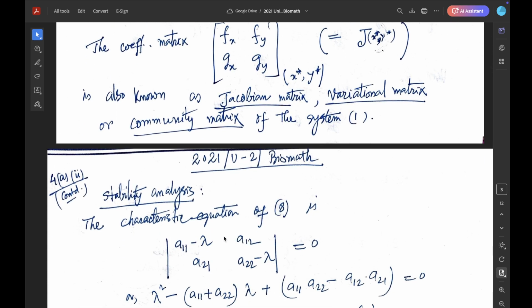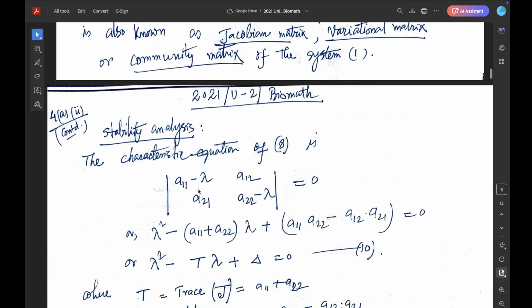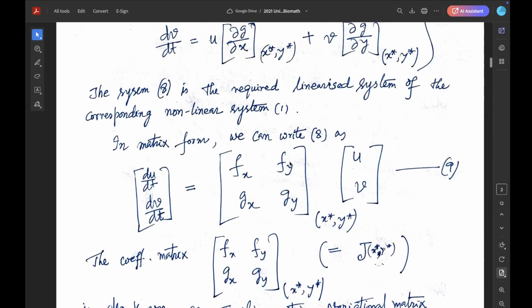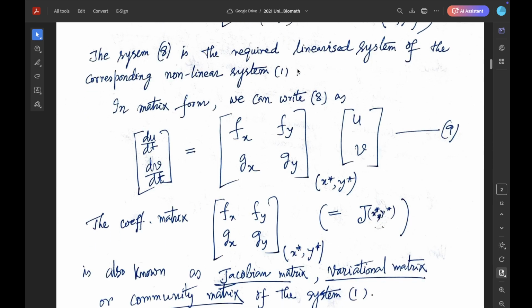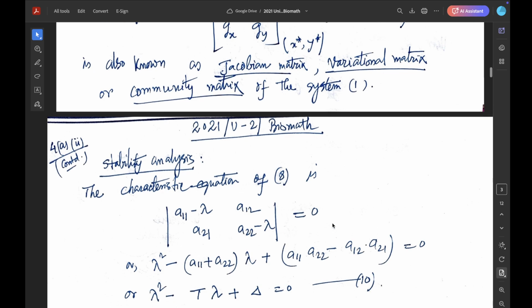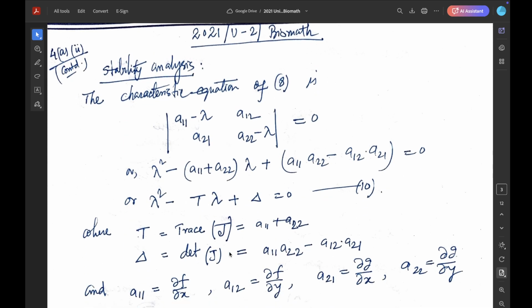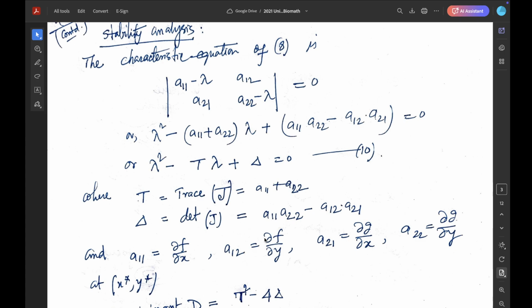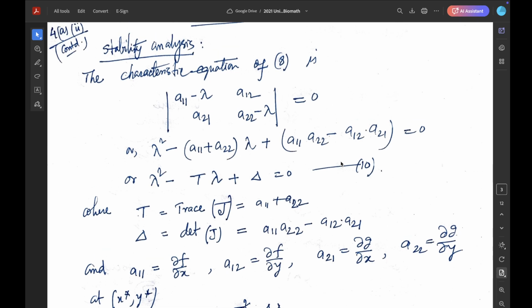Now, the stability analysis. The characteristic equation of this system 8 is the determinant of a11 - λ, a12, a21, a22 - λ equal to 0, where a11 = ∂f/∂x, a12 = ∂f/∂y, a21 = ∂g/∂x, a22 = ∂g/∂y.